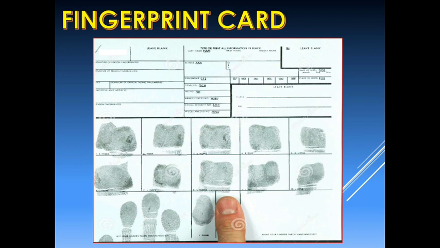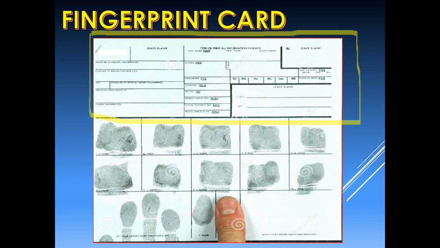Before anything else with blocking out, let us all be familiarized with the content of the fingerprint card. Of course, we have here this part which will cover the information about the suspect, or the person from whom the fingerprint will be taken.